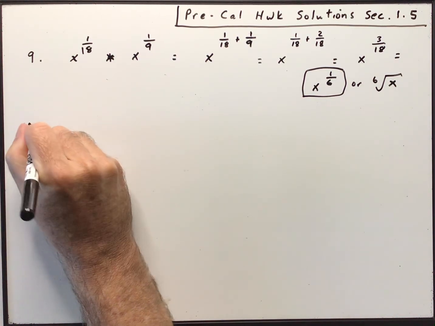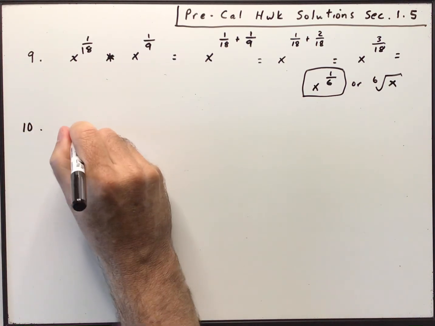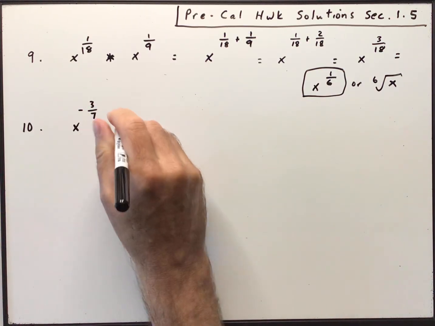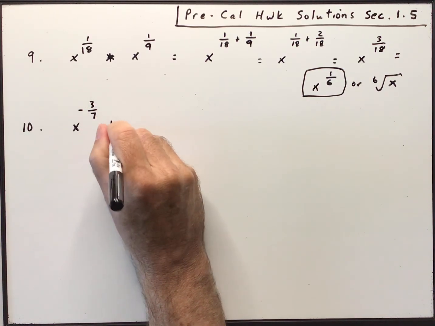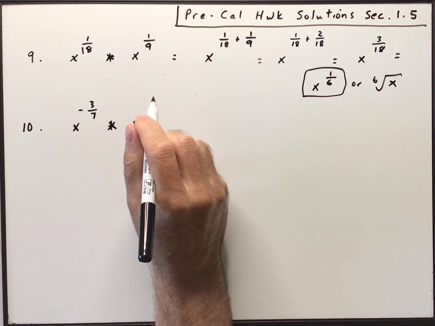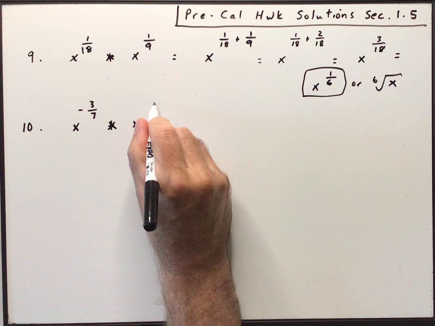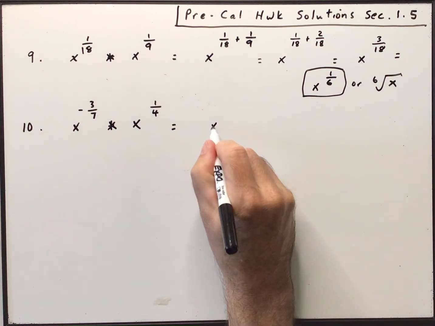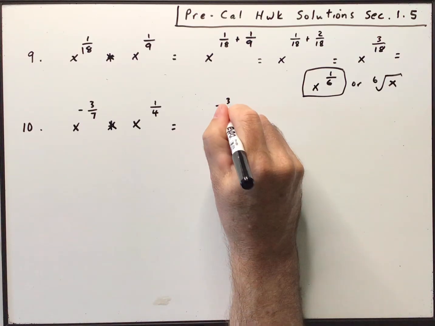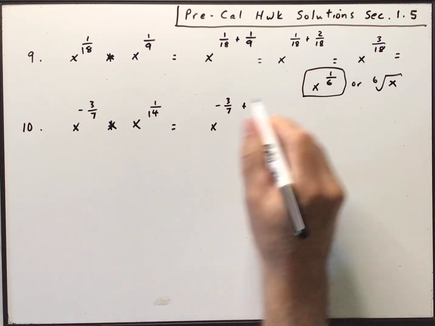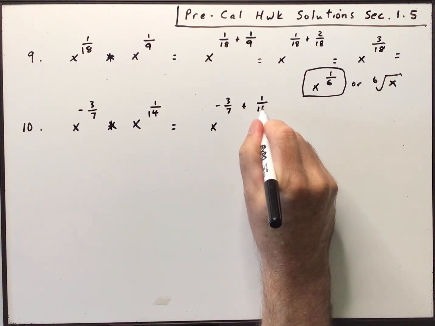All right, number 10. I'm going to do x to the minus 3/7, and we're going to multiply that by x to the 1 over 14. So that's going to be the same as x to the minus 3/7 plus 1 over 14.